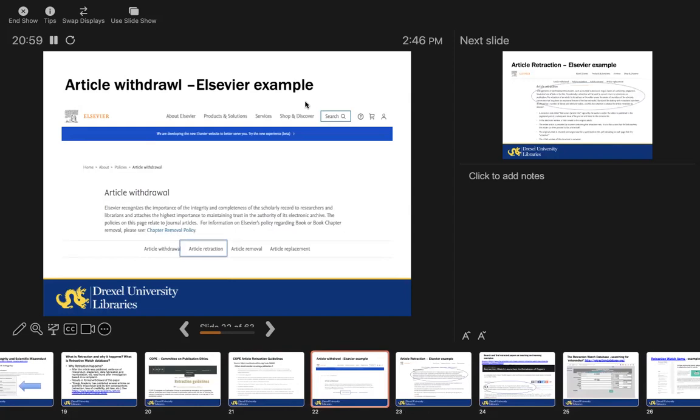And also, we have access to thousands of electronic books through the platform called Knovel. So electronics, electrical engineering, physics, chemistry, even cybersecurity, those kinds of ebooks are available through that platform. So that is Elsevier. And they have their own policies for article withdrawal and retraction.